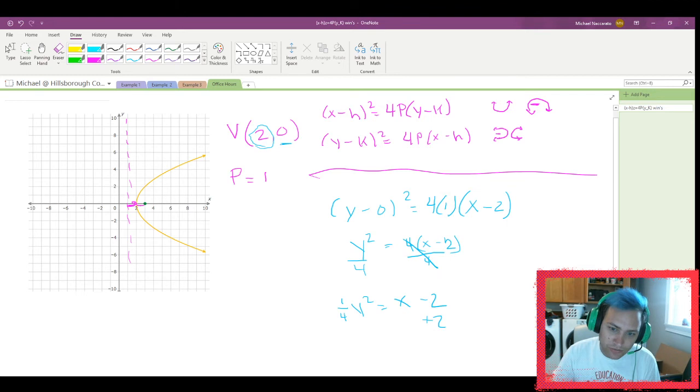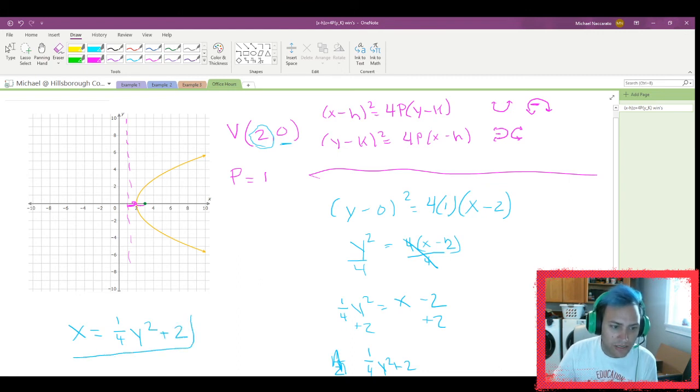We're going to add 2 to both sides, so I want 1/4 y squared plus 2. Let me put it underneath the graph. We'll put x equals 1/4 y squared plus 2.